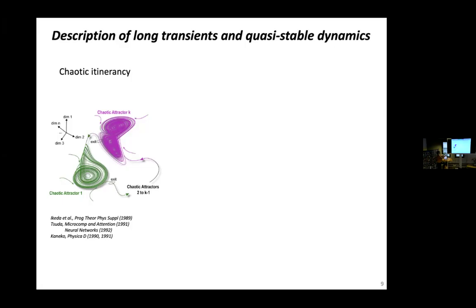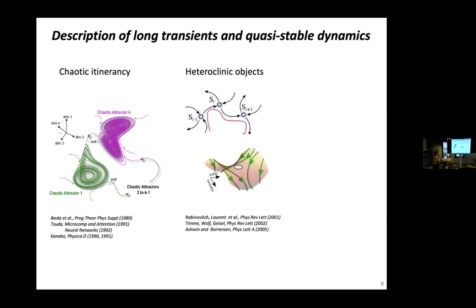And this was initially proposed to describe exactly this type of observation in neuronal networks, where you have sequences or switching between sequences of neuronal firing dynamics, and to go away from the chaotic description, because chaotic dynamics has not always been observed in experimental measurements of the neuronal dynamics.